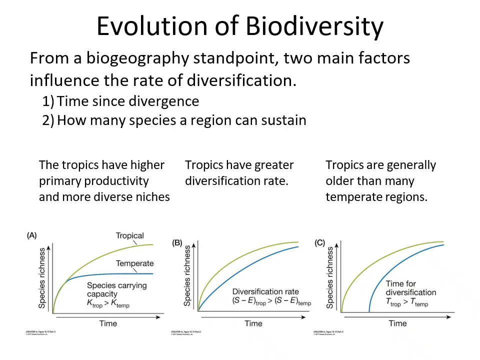They have much more food available, so they can sustain a higher wealth of species than what a temperate one can. And we also tend to see relatively higher diversification rates. In the tropics, we have a lot more specialized relationships, a lot more mutualisms. These mutualisms usually lead to coevolution and greater diversification rates.